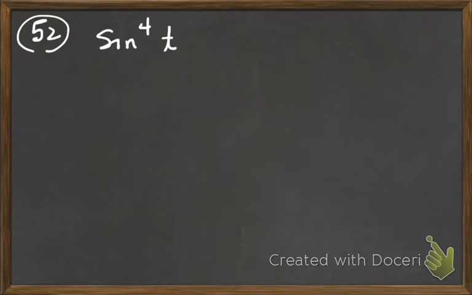Let's look at 52. This will be the last one that we do. This one has some factoring in it. We've not factored a lot.